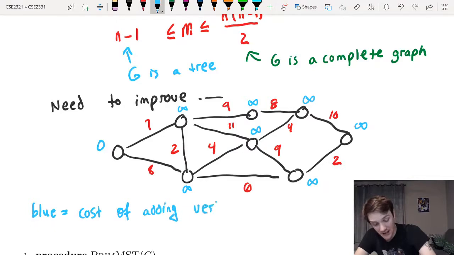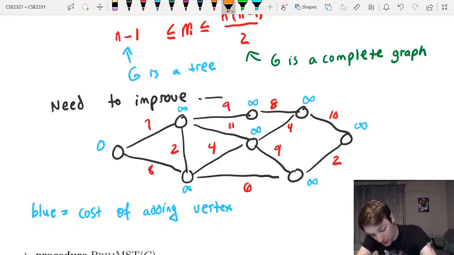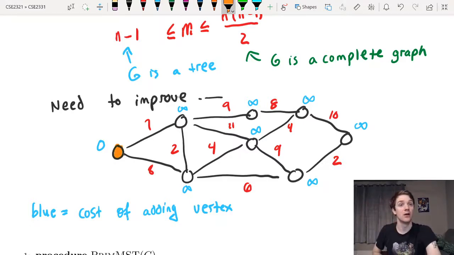What I mean by that is, what is the cost of the edge I'm going to use to add that vertex to the tree? We're then going to look across all of the white vertices and say, what is the cheapest one? The cheapest one here is pretty obvious. 0, last time I checked, was less than infinity. So we're going to choose 0 to add to the graph.